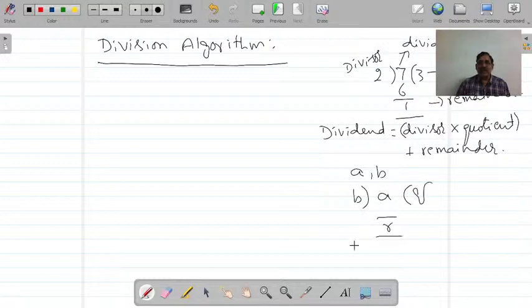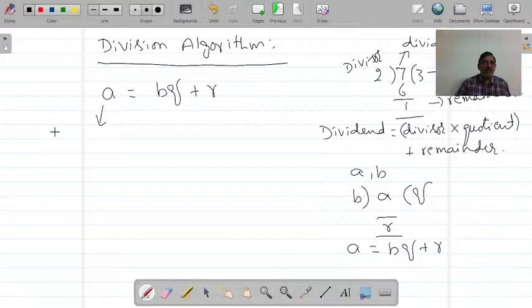Then you can say A is equal to BQ plus R. In this, A is dividend, B is divisor, Q is quotient, and R is remainder.